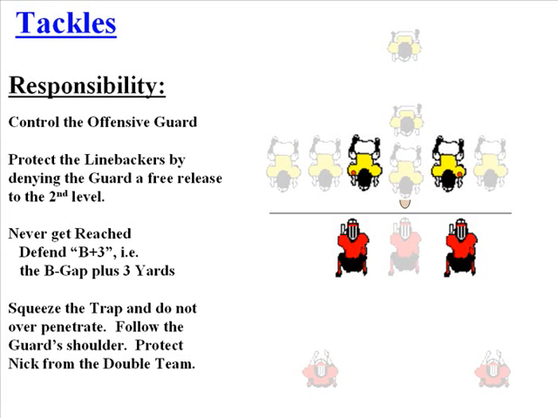Okay, the other thing to do is we're going to squeeze the trap, and we don't want you to over-penetrate into that backfield. We want you to follow the guard's shoulder and protect Nick from the double team. Now what that means is, let's say we take this guard, if he's going to double down onto our nose guard here, and he's going to let you shoot through here, we don't want you just to come flying through here.